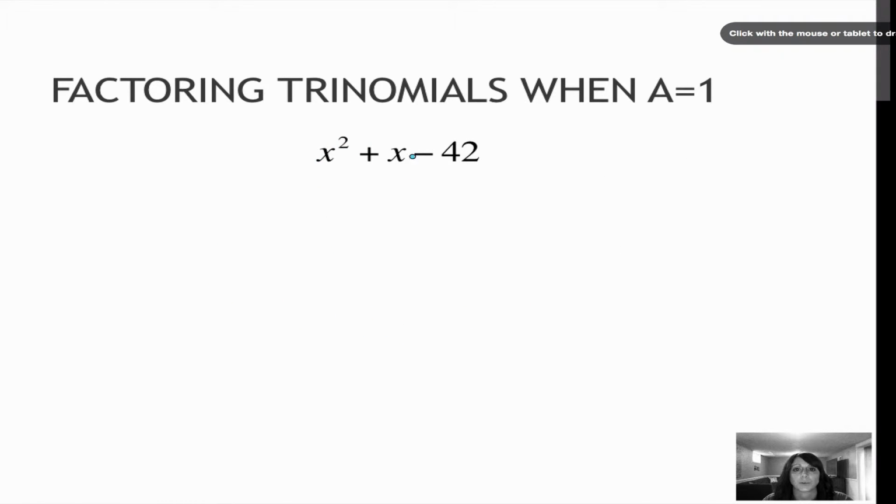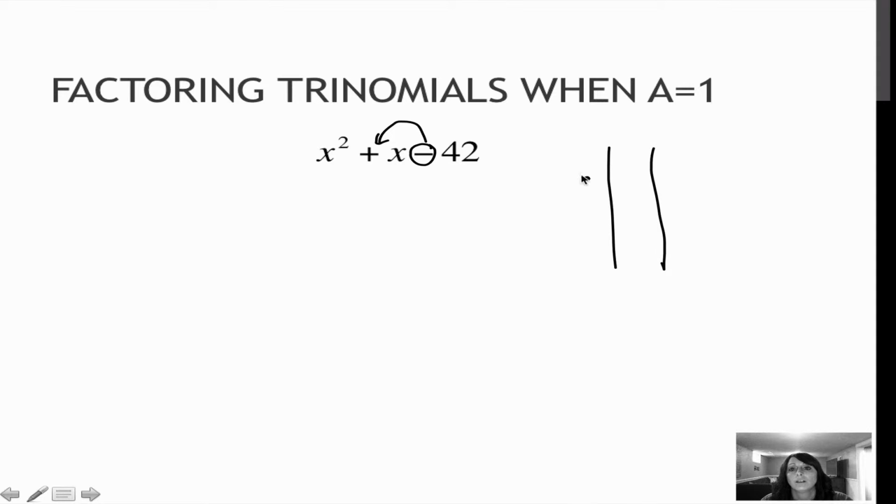Let's take a look at the next one. Again, here I'm looking for numbers that multiply to 42 and subtract to positive 1, or have a difference of positive 1. So I'm looking for a positive 1 here, but they need to subtract. So 42 is 1 and 42. Those have a difference of 41. That doesn't work.